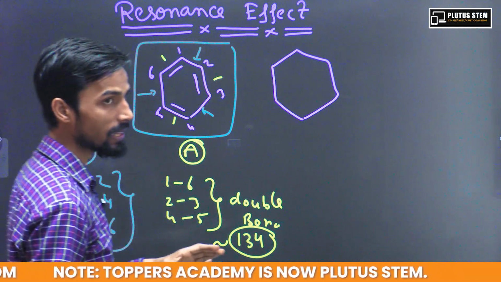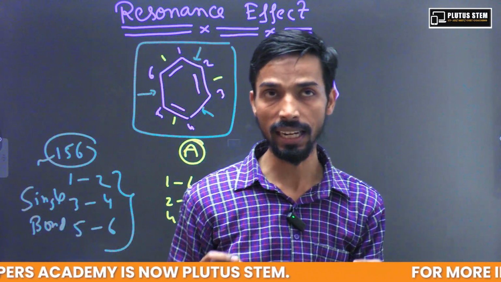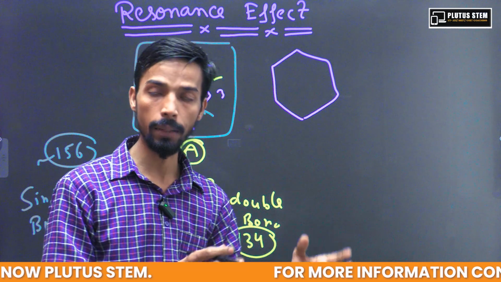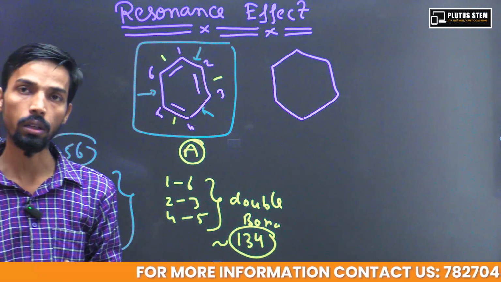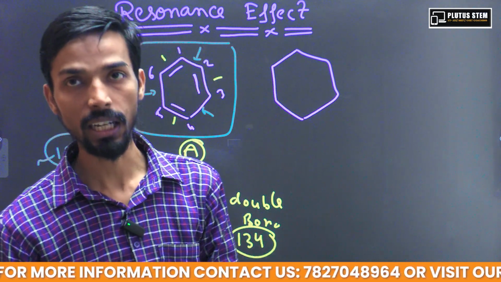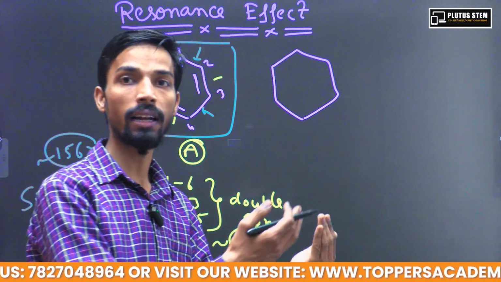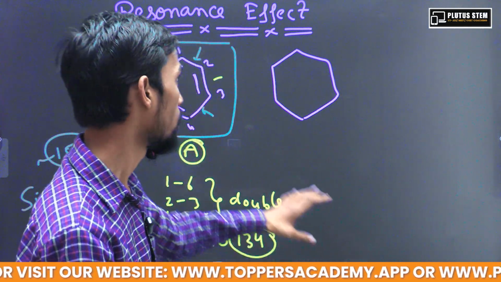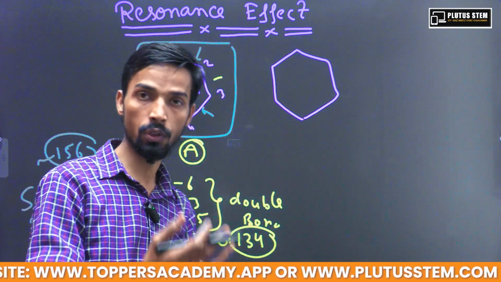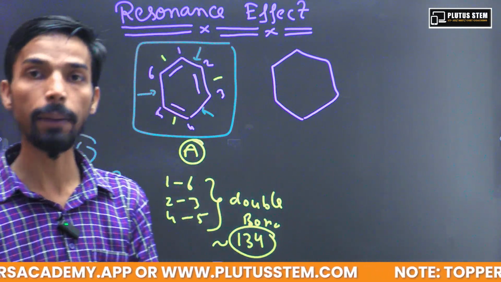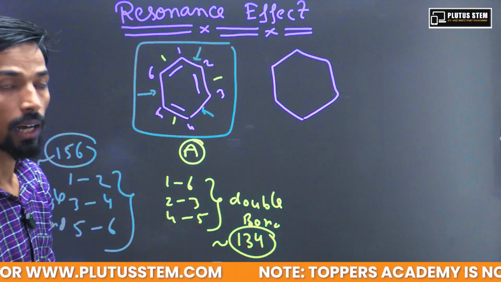So if we are unable to explain a compound on the basis of a single structure, we need more than one structure. The phenomenon through which these structures are formed is termed resonance.